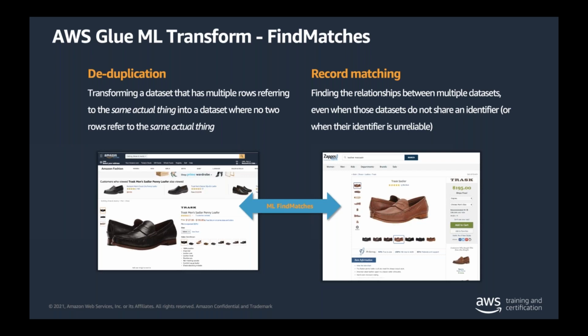And you can add the find matches transform to your Glue ETL jobs to solve a variety of problems, like matching customers, for example, linking customer records across different customer databases, even when many customer fields do not really match exactly across databases, maybe different name spelling, addresses are different, missing, or there is inaccurate data. And you can also use it for matching products in your catalog against other product sources.